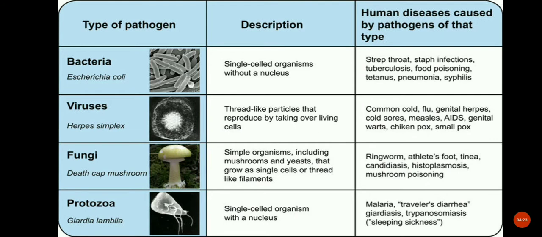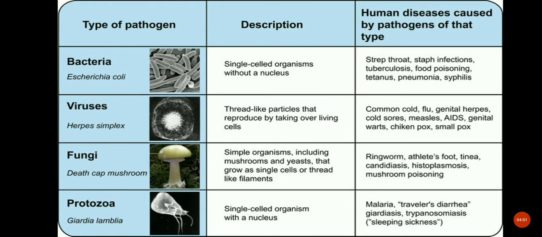Viruses are thread-like particles that reproduce by taking over living cells. Fungi are simple organisms, including mushrooms and yeast, that grow as single cells or thread-like filaments. Protozoa are single-celled organisms with a nucleus.